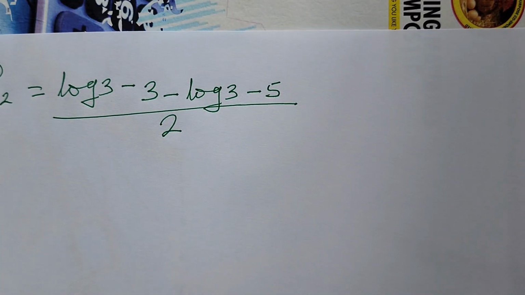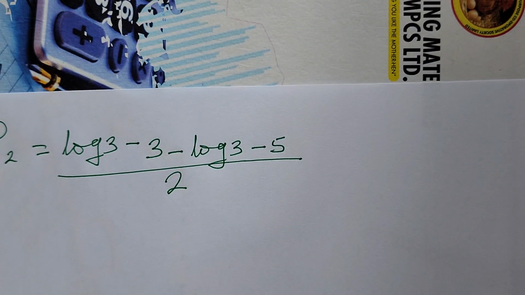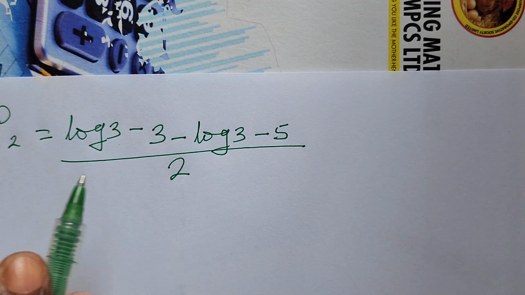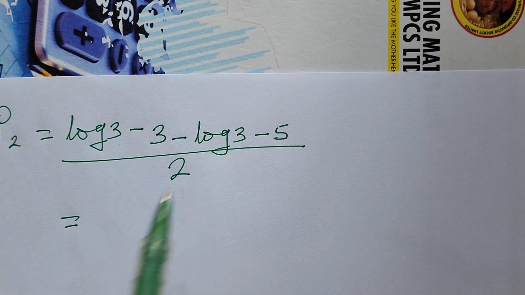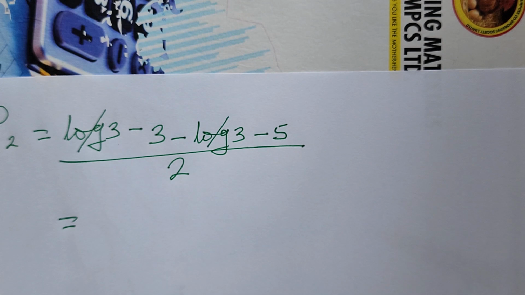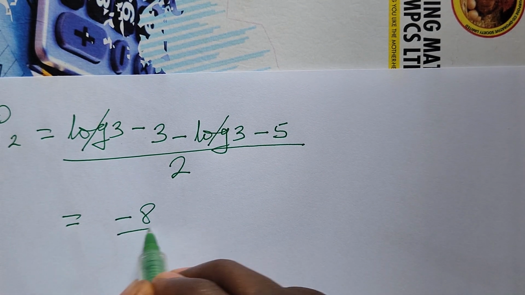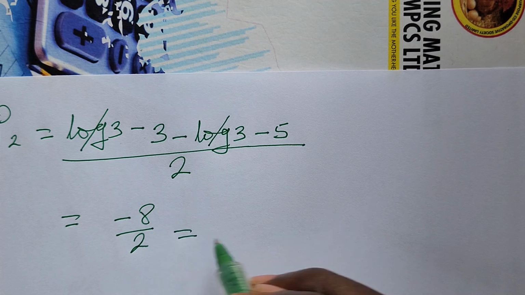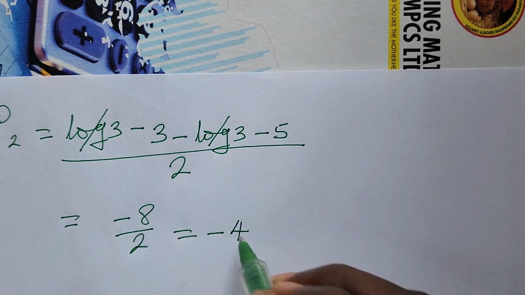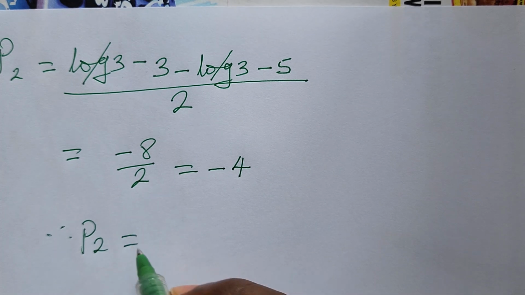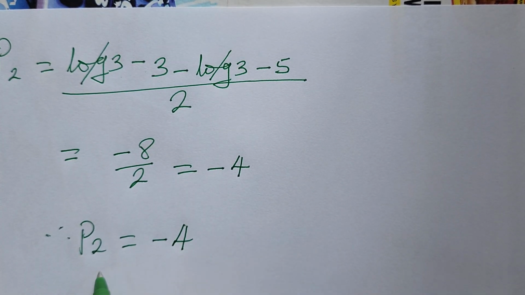So we're going to come up with this. And so this will now give us P2 will now be equal to plus log 3 minus log 3, so this leaves minus 3 minus 5, which will give us minus 8 all over 2. So we end up having minus 4. Therefore, P2 is equal to minus 4.